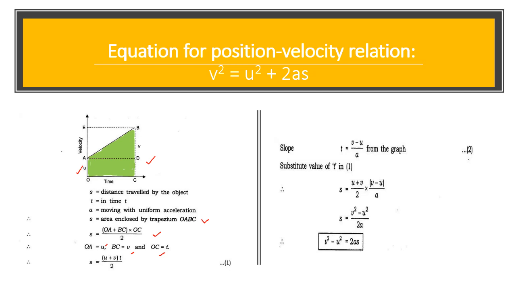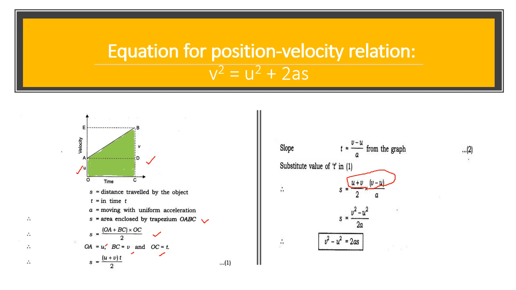And the slope from the graph, T is equal to V minus U divided by A. Now substitute T in equation 1. You will get S equal to U plus V divided by 2 into V minus U divided by A. You can simplify these two terms. We know the formula A plus B into A minus B equal to A squared minus B squared. So this is in the form.